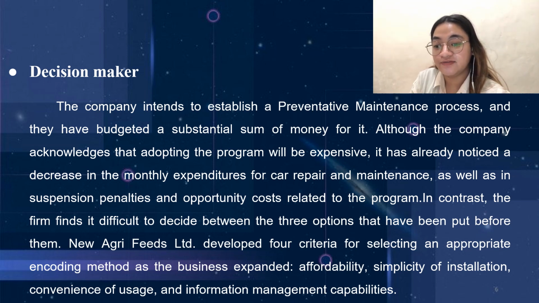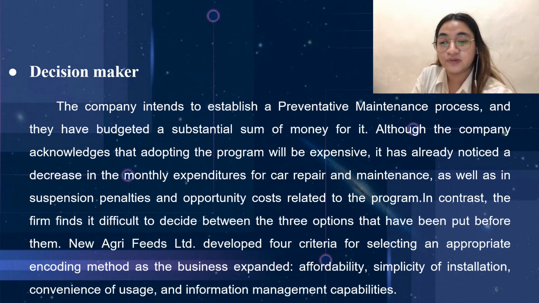In contrast, the firm finds it difficult to decide between the three options that have been put before them. New Agri-Feeds Ltd. developed four criteria for selecting an appropriate encoding method as the business expanded. These are the affordability, simplicity of installation, convenience of usage, and information management capabilities.